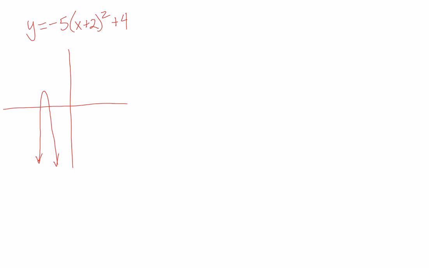Once again, we know the negative 5 means it's going to be upside down and pretty skinny, which it is. But more importantly, we want to figure out what that vertex is. Looking at the equation, we have plus 2 and plus 4. But remember, the plus 2, because it's inside the brackets, we have to do the opposite. So it'll be negative 2, and then the plus 4 stays the same. That's our location of the vertex: it's going to be at (negative 2, 4). You could use your calculator or Desmos to see that that's true.